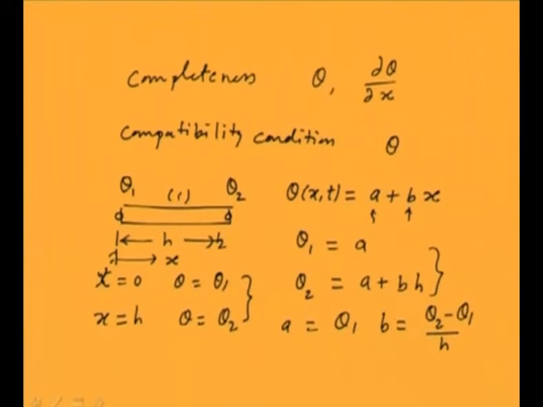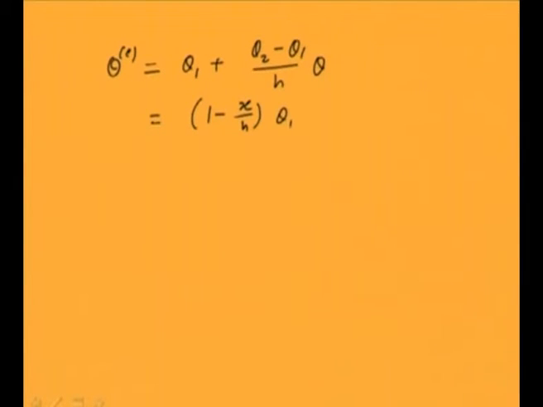Now we can substitute this in the previous equation. So theta 1 plus theta 2 minus theta 1 by h into x. So this can be rearranged as 1 minus x by h times theta 1 plus x by h times theta 2.